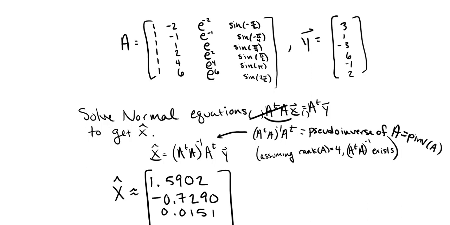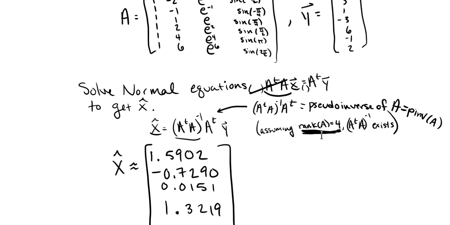Okay. Now, we can only say that this inverse even exists if the rank of our coefficient matrix is equal to the number of columns it has. If its rank is 4 in this case, then A transpose A has rank 4, and it's therefore invertible.